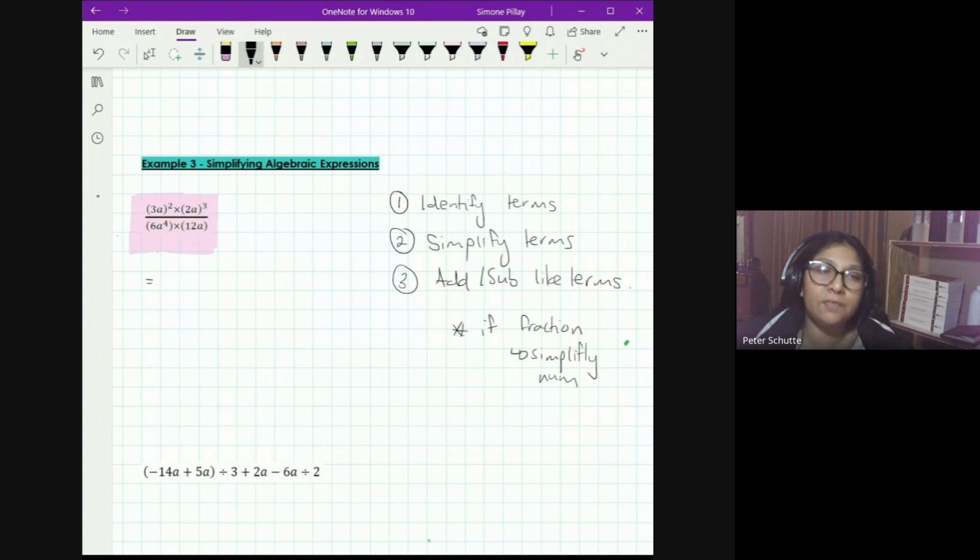So now we're simplifying our numerator. We have 3a all squared. How do I get rid of that exponent over there? Because remember, we're using BODMAS. So I'm dealing with brackets and exponents. So how do I get rid of this exponent of 2 outside? What would my answer be?